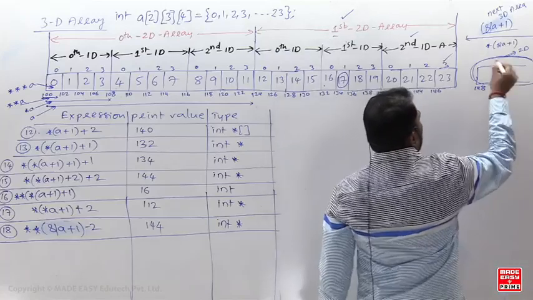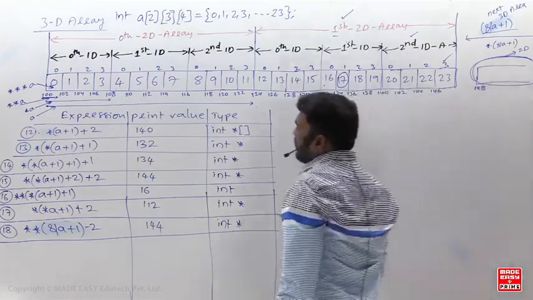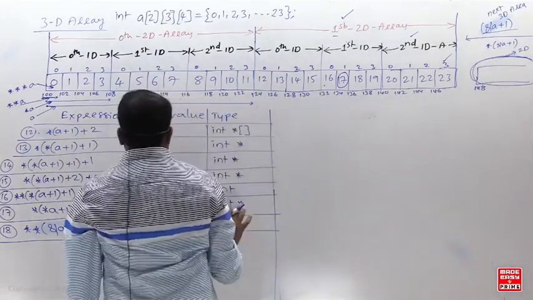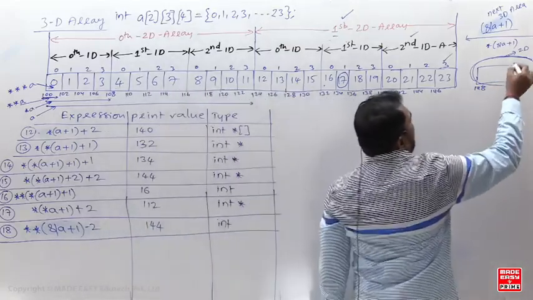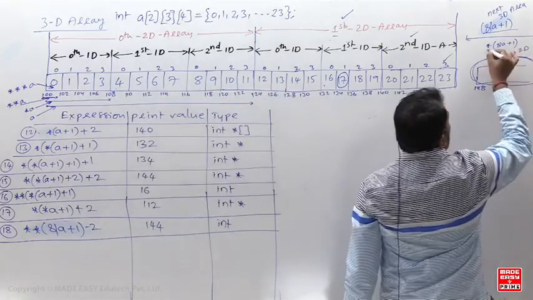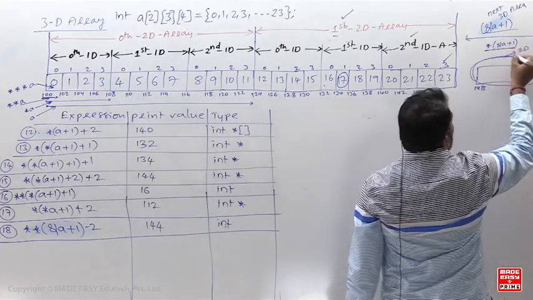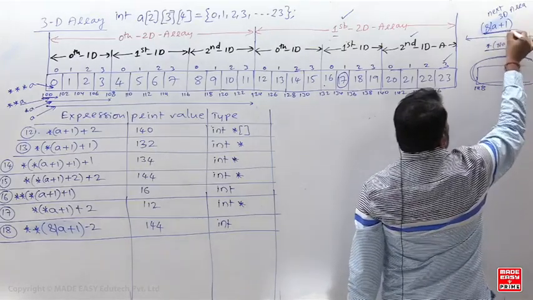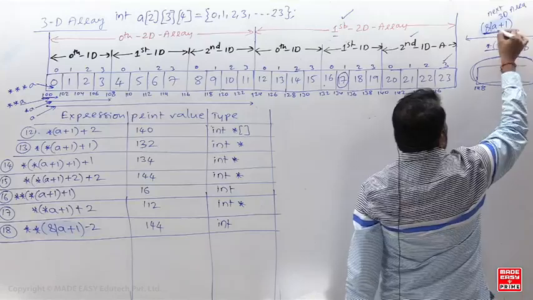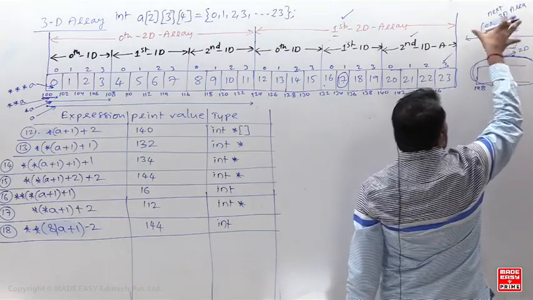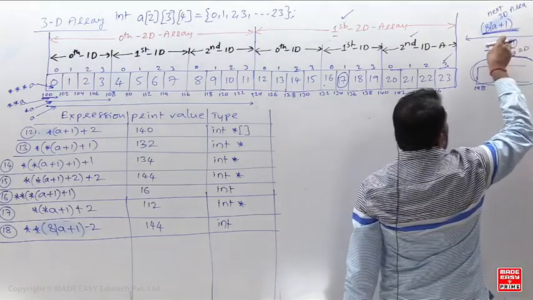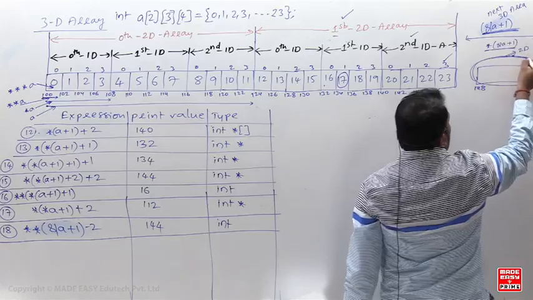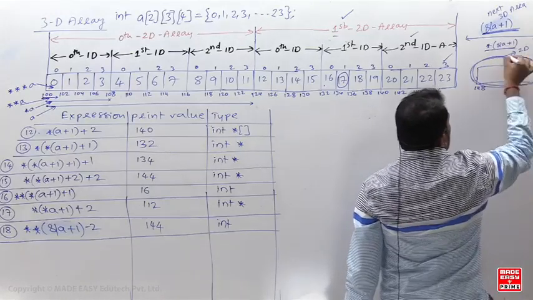If I apply one more star, there is a small problem, I think I made some mistake, it's okay. If I apply star, it was pointing to the 2D array. Ampersand A plus 1 points to the next 3D array. If I apply star, now it is pointing to this 2D array.